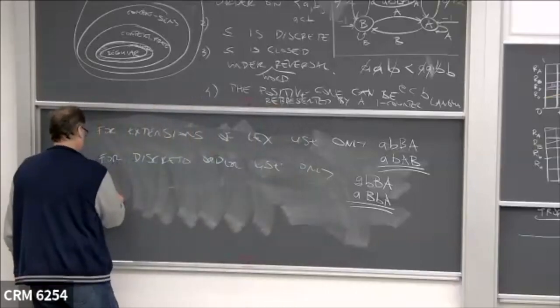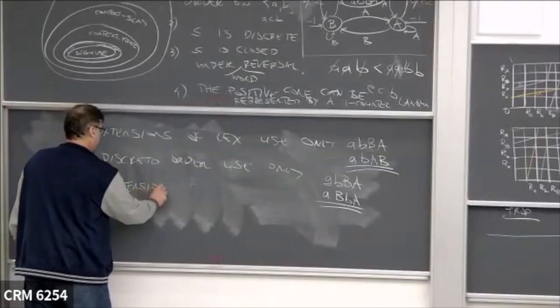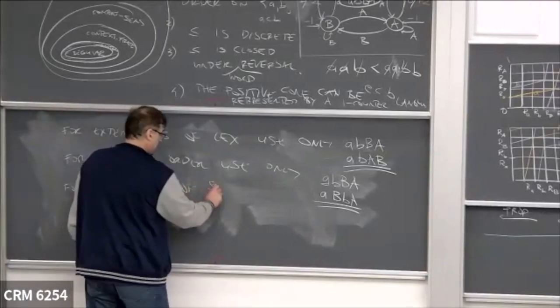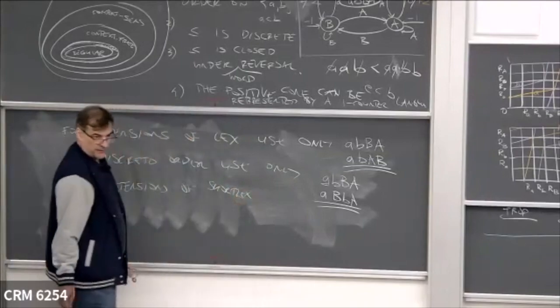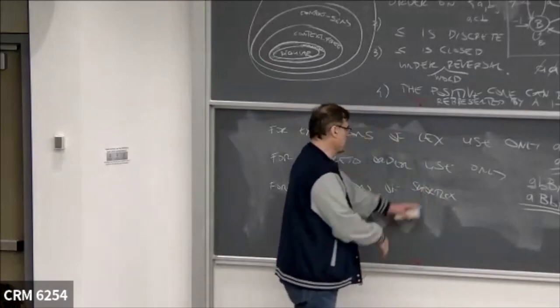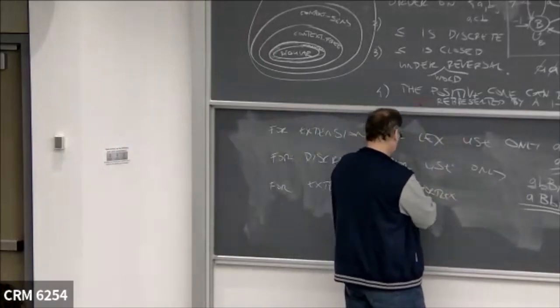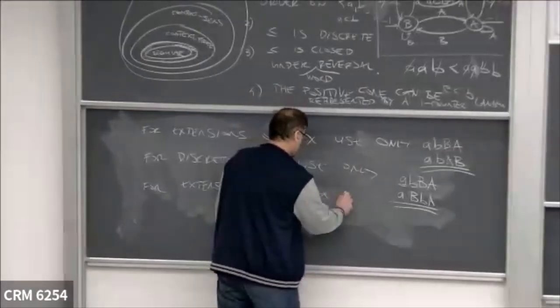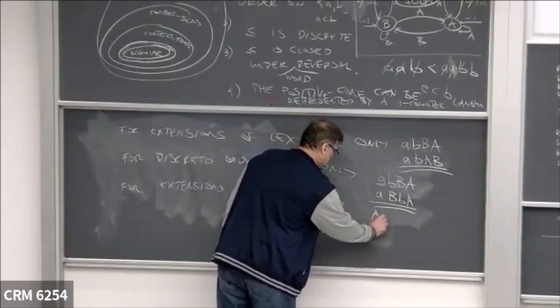For extensions of short-lex, short-lex is in many applications more convenient than lex because at least it's two-sided. Short-lex is a two-sided order. But nevertheless, for extensions of short-lex use only, well, here it's kind of the other way around.